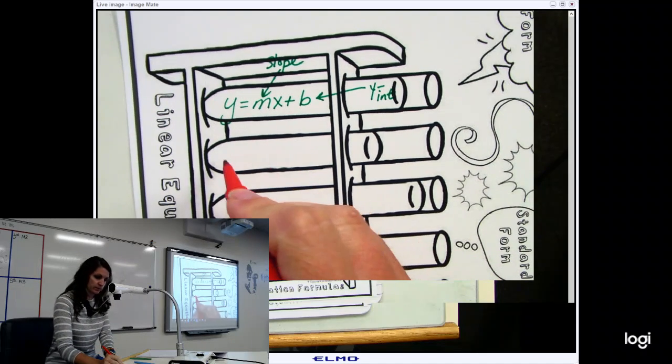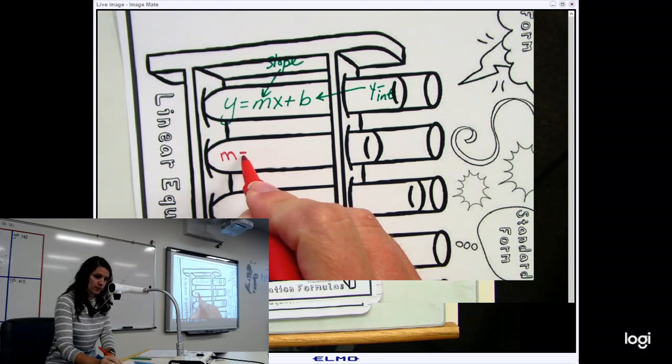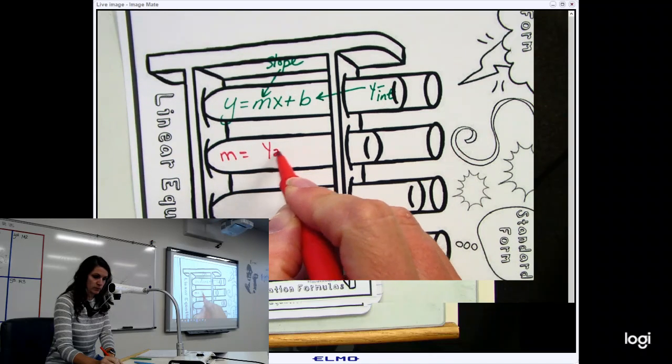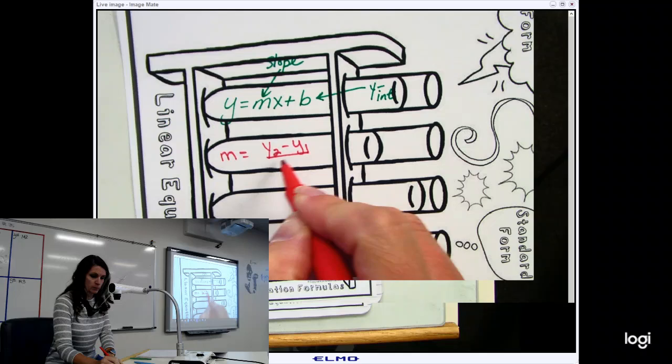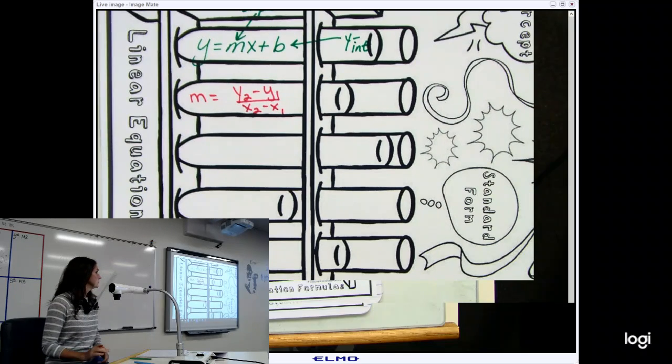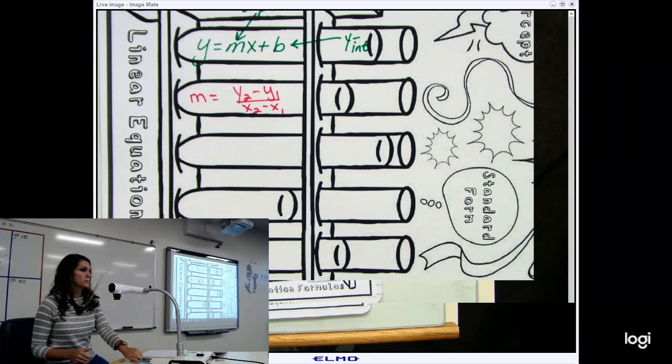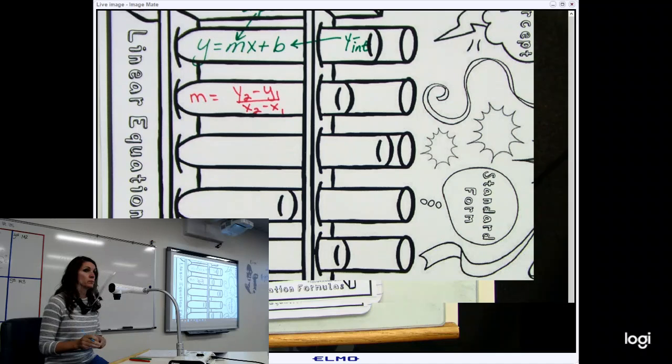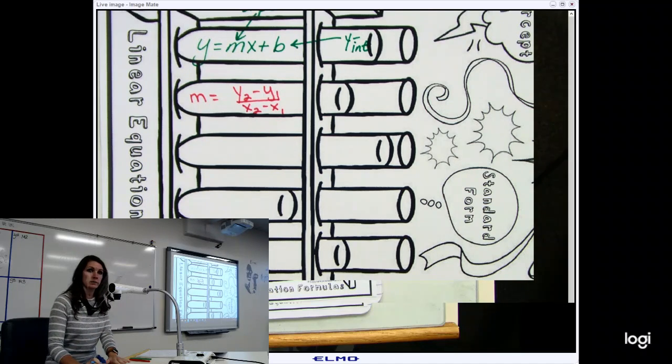Slope formula. You guys spent a couple days with slope last week. So I'm just going to put the formula here. And then point slope form is the one I want to spend a little bit of time on today. And you don't have this one memorized for the most part.